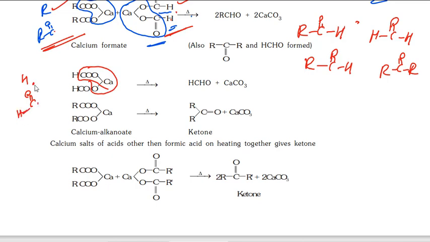Obviously these two will combine, forming HC double bond OH. Formaldehyde is forming. If you want to prepare only ketone, you have to take only one compound. In that case again calcium carbonate is forming. Then R and RC double bond O. R is one, and the other one is RC double bond O. These two combine and form ketone.